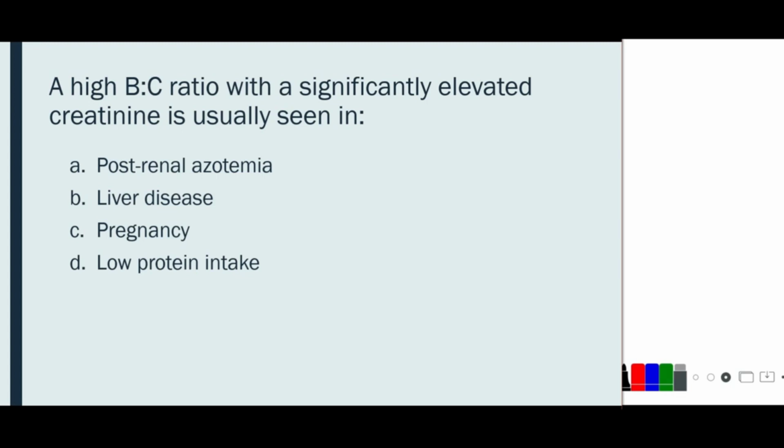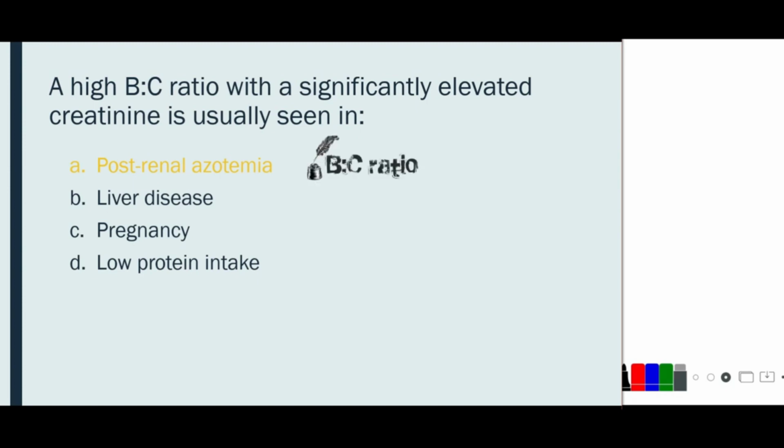So there would be actually 4 interpretations with regards to the value of your BC ratio and at the same time its relation with the BUN and creatinine levels. But in the question, the high BC ratio with high creatinine, this is usually seen in the post-renal azotemia. On the other hand, your liver disease, pregnancy, and low protein intake will be associated with a low BC ratio.